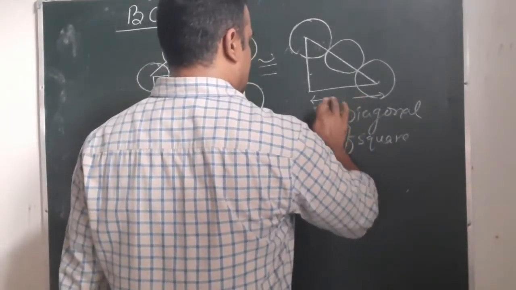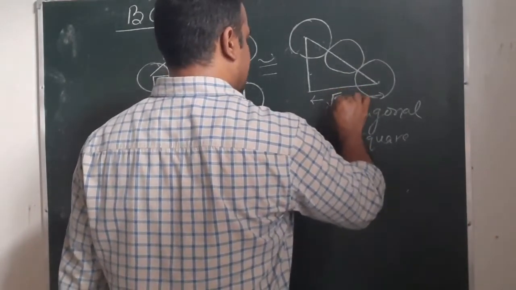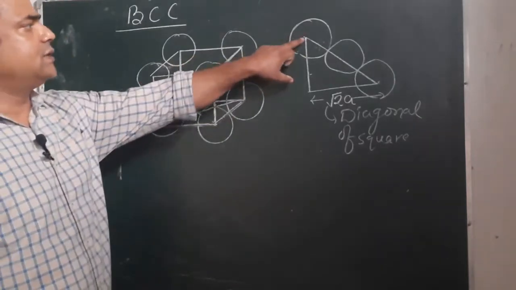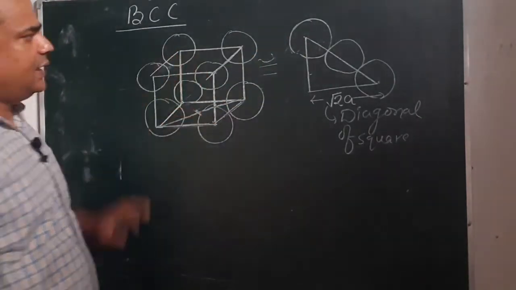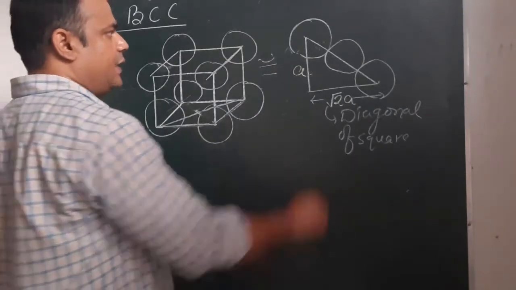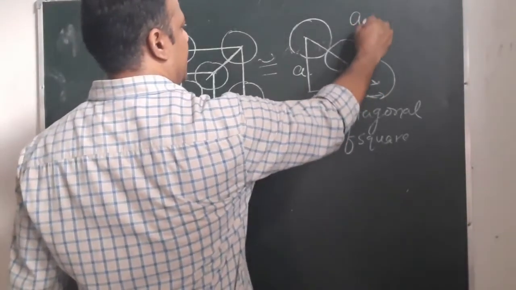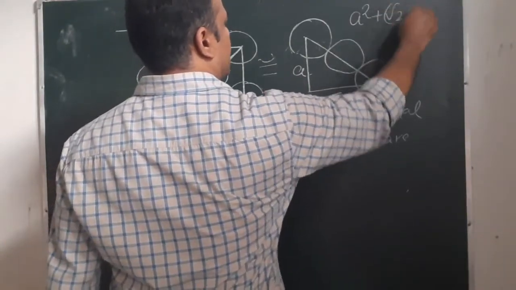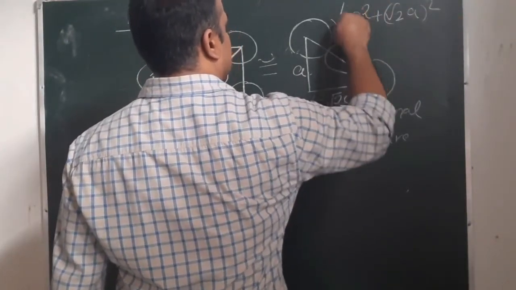So here the value of this diagonal will be root 2 a, and this part is edge length a. So from this formula, if we calculate this diagonal, it will be under root of a square plus (root 2 a) square.